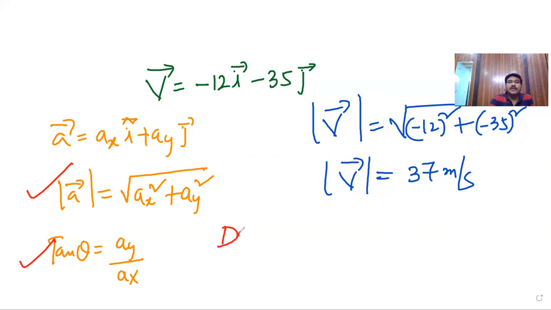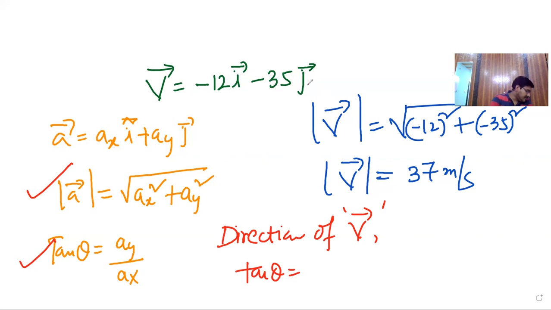Direction I want, the direction of V bar. The direction of V bar is nothing but tan theta. Tan theta is this by this. Clear? Understand?